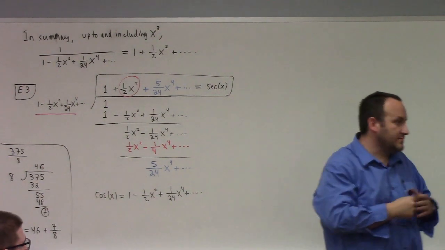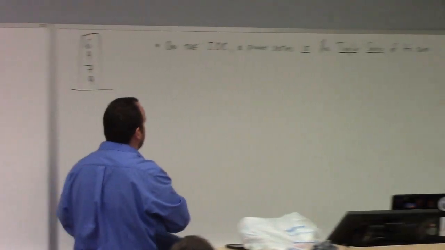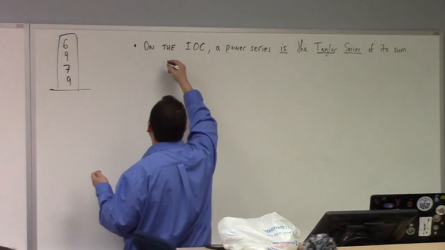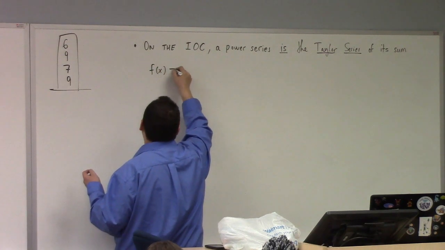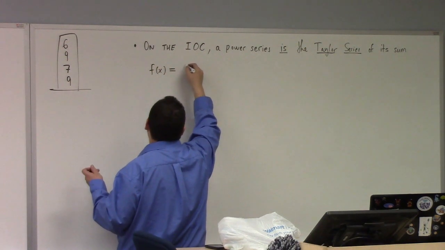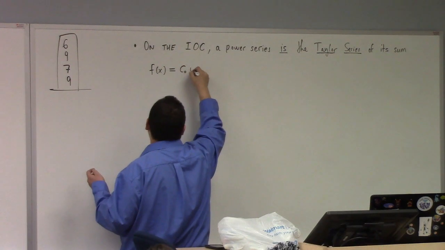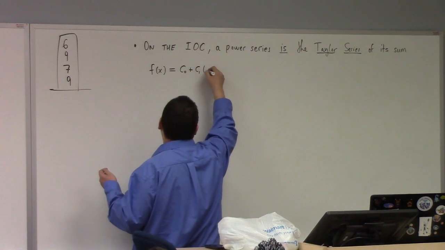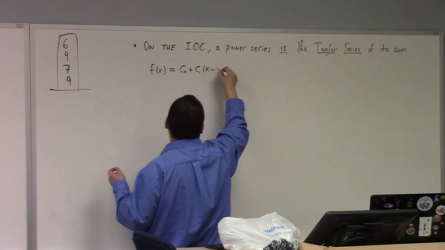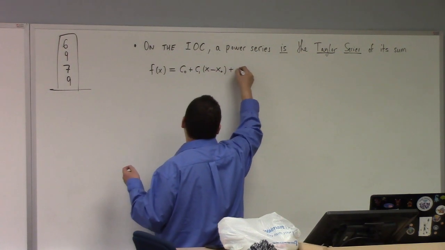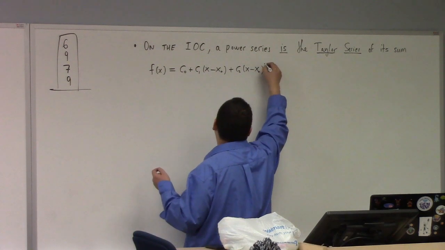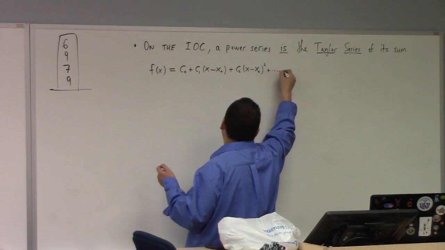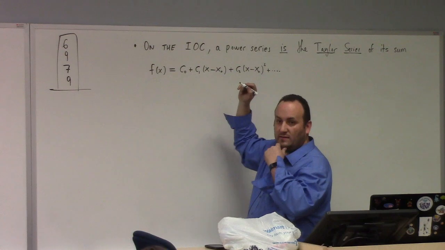All right, let me elaborate on this. Suppose we have f of x equals C0 plus C1 times x minus x naught plus C2 times x minus x naught squared plus dot, dot, dot. Okay?